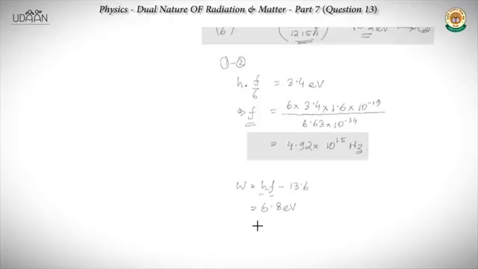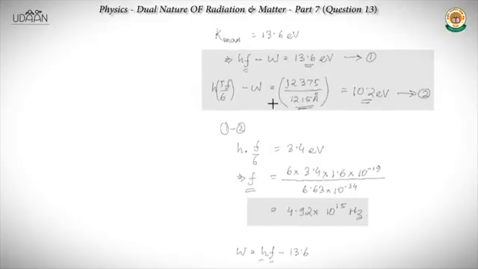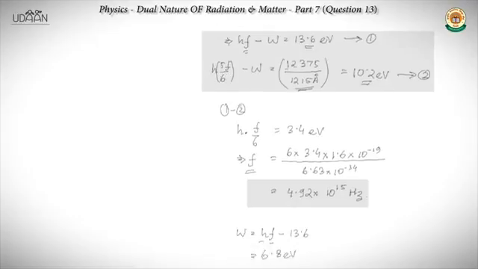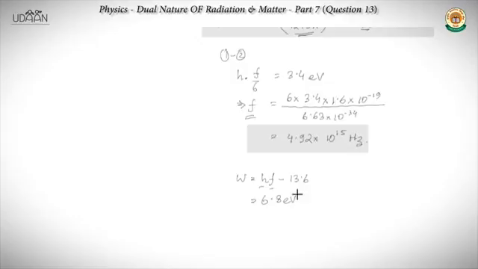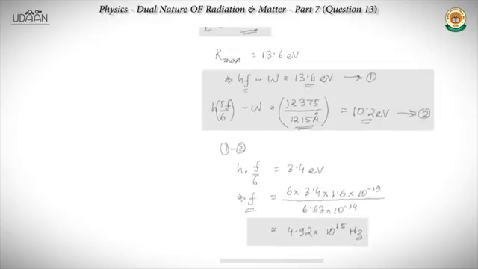Most of the work was done when we found the value of f. All we needed was to substitute f in equation 1 or 2, and we prefer equation 1 because we can avoid fractions like 5 by 6, which might elongate our time. So finally we arrived at the work function, 6.8 eV.